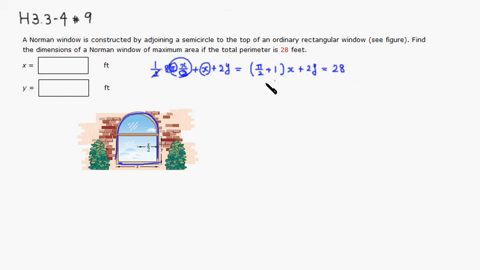I'm going to solve for y. So we subtract the quantity pi over 2 plus 1 times x. You get that 2y is equal to 28 minus the quantity pi over 2 plus 1 times x. Then divide through by 2.